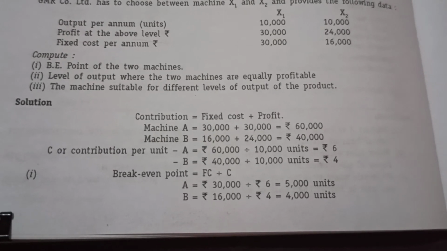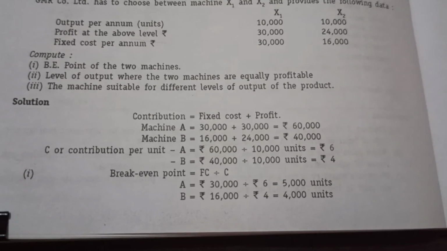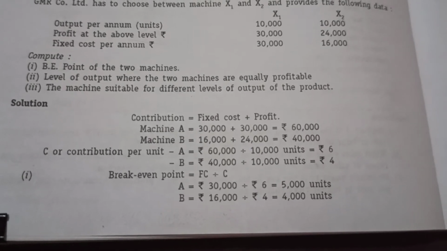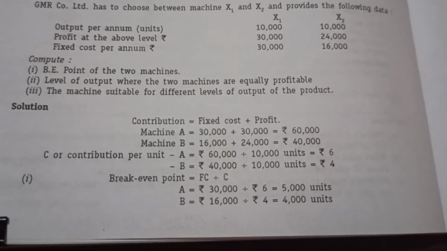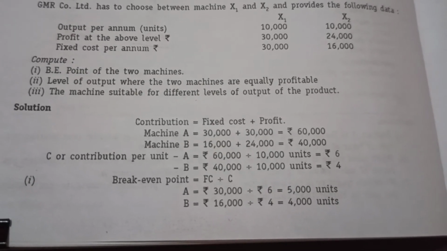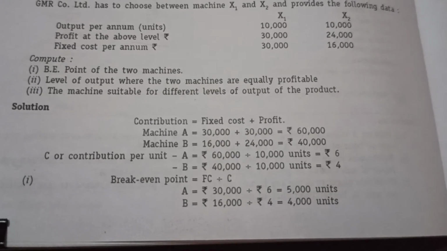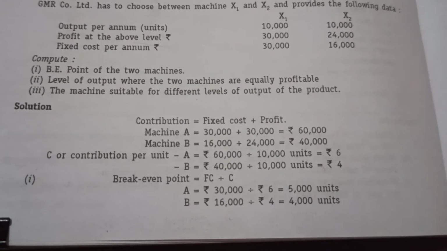Compute the break-even point of the two machines. Then the level of output where the two machines are equally profitable. In the first case, we simply calculate the break-even point, and in the second we calculate the cost indifference point. And third, the machine suitable for different levels of output of the product.